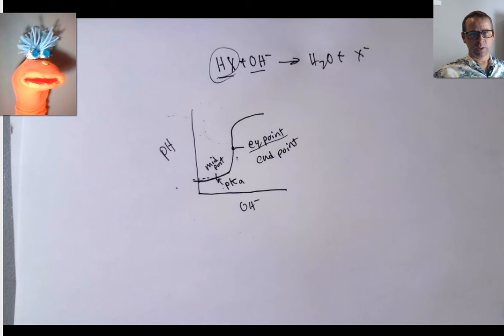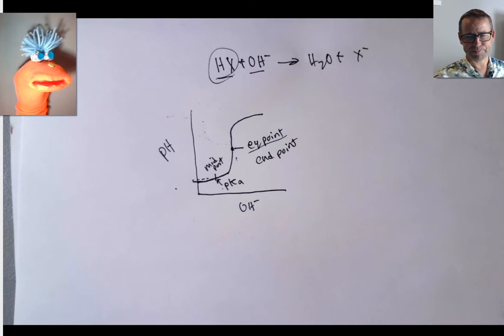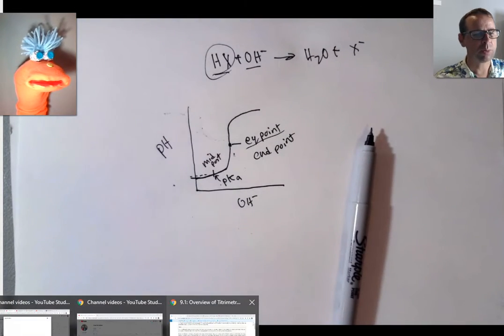Okay? Does that make sense? Yeah, because halfway, half of the HX is now X minus, so half is associated and half is dissociated. That's right. The midpoint there. Very good.